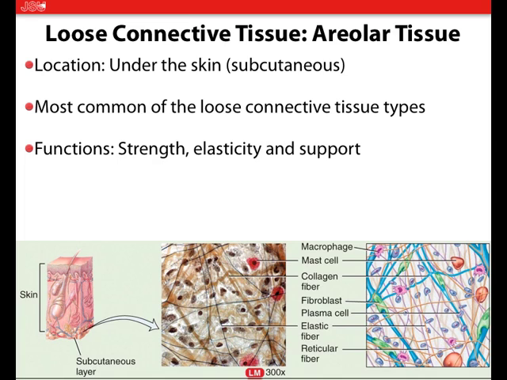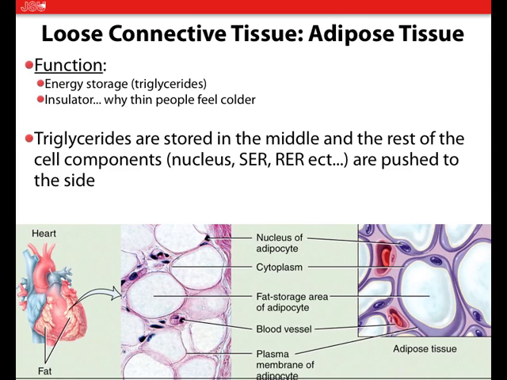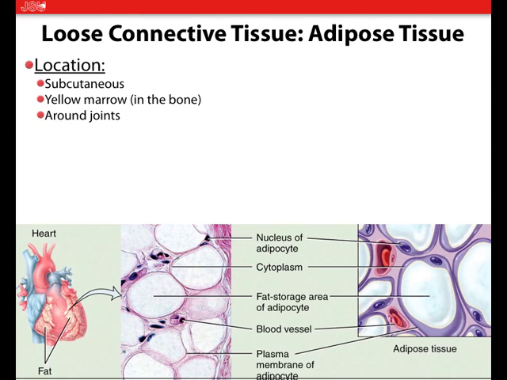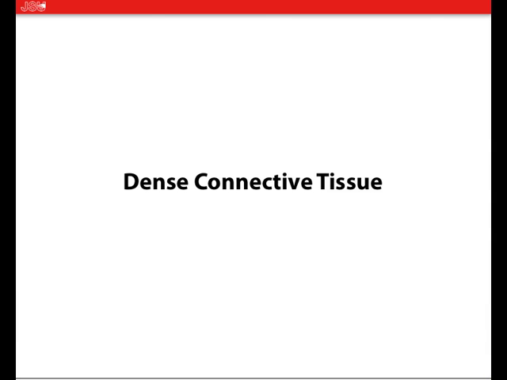Areolar tissue, as we just said, is the subcutaneous layer of the skin, the underneath part. Adipose, that's your fat. Lipids, that's adipose tissue. What you need to know is adipose does what? Energy storage, and it's an insulator. Reticular, I'm not going to worry about that.